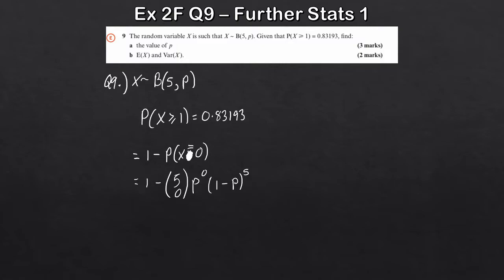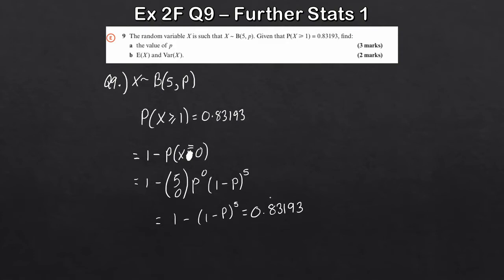Well, 5 choose 0 is just 1, and p to the 0 is 1. So what I get left with is 1 minus p all to the 5. But we know this is equal to our probability that x is greater than or equal to 1, 0.83193.